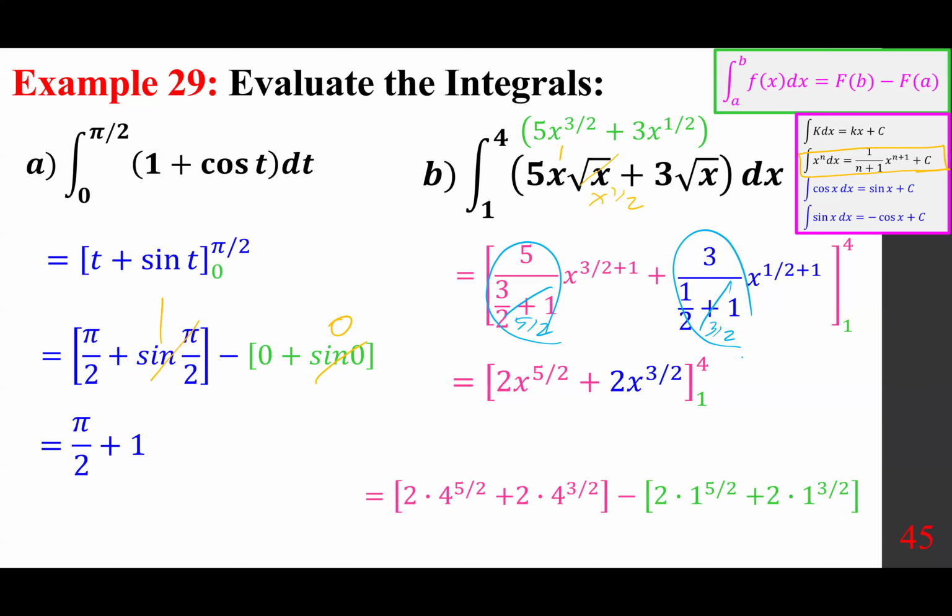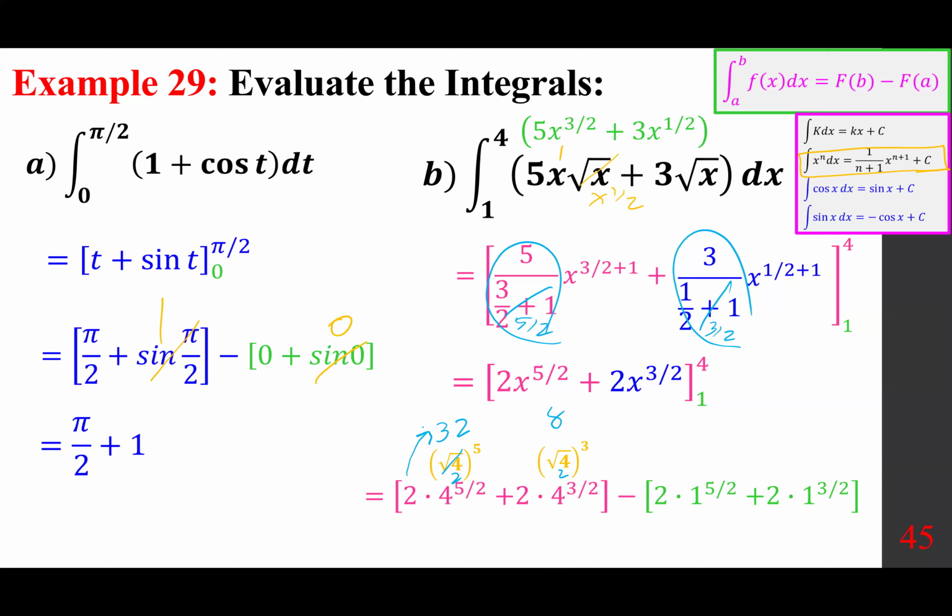We want to evaluate this. So 4 to the power of 5 halves is the same as square root of 4 to the power of 5, which is 2 to the power of 5, which is 32. This is square root of 4 to the third, which is 2 to the third, which is 8.